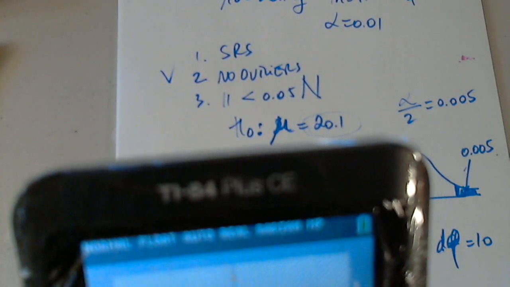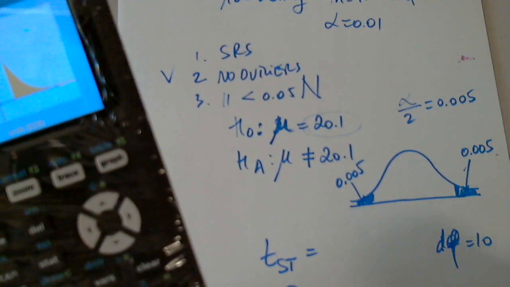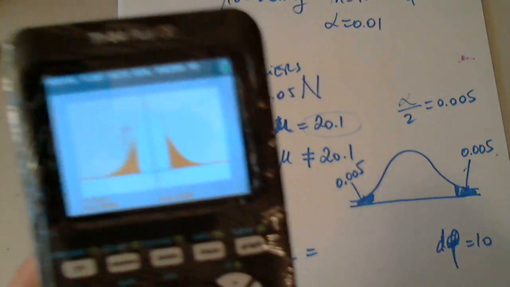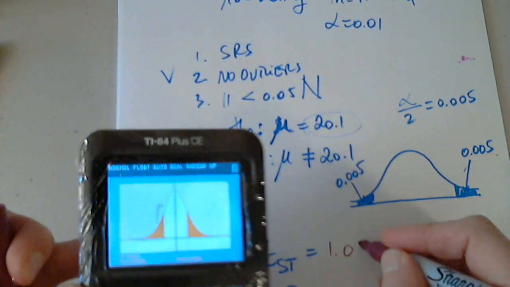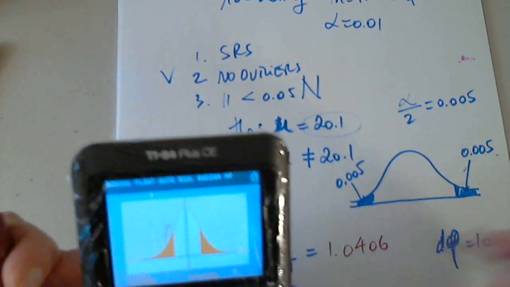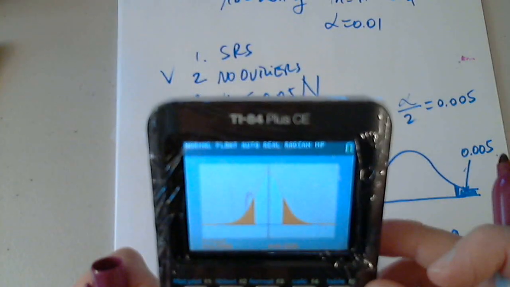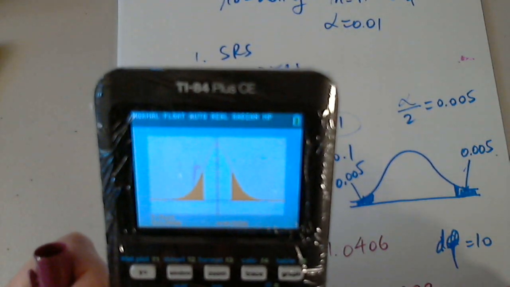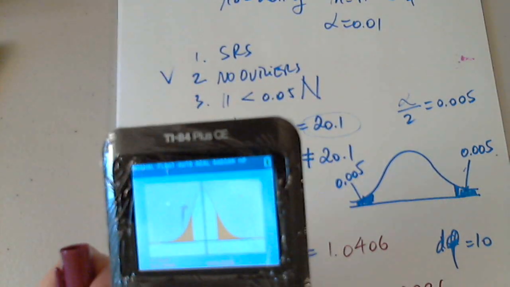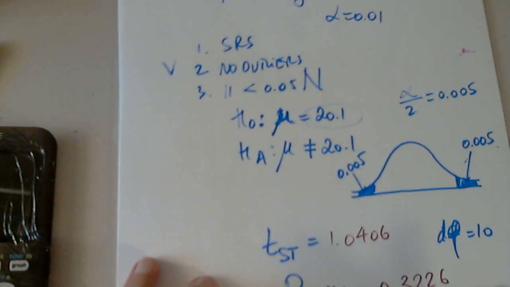Okay, so I got that the test statistic is 1.04. Tell me what you got. 1.0406. Excellent. Same. I'm hoping you got, like I did, 0.3226. Yes. Perfect.